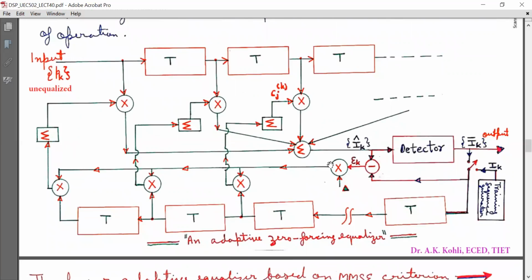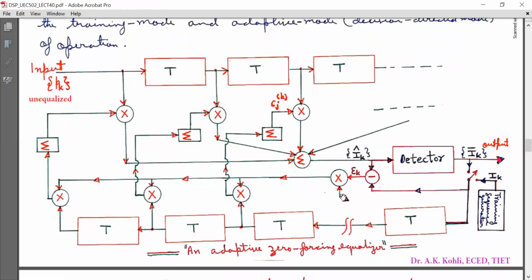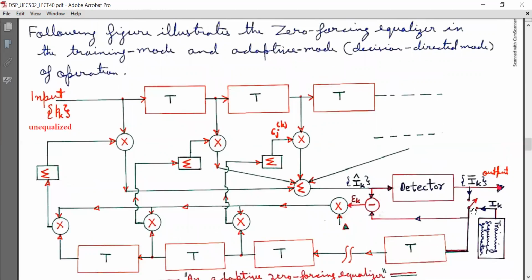Now this is the diagram of an adaptive zero forcing equalizer. And when the training period is over, this switch moves to this place, and now the output of the detector, that is I bar k, will be utilized further in the adaptive mode.